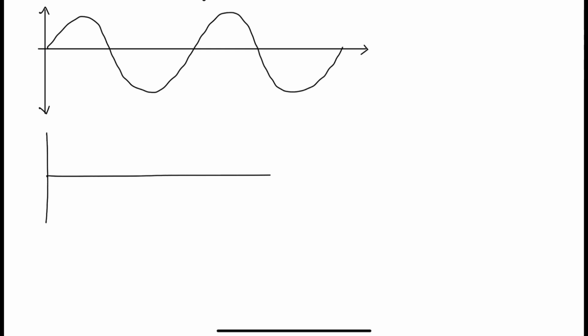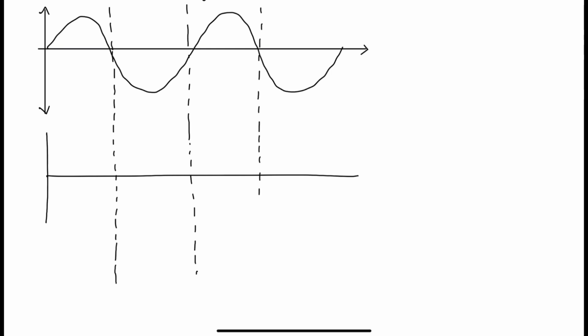Same as what we discussed earlier for constructive. The second wave should be in exactly opposite phase, which means crest falls on trough and trough falls on crest.